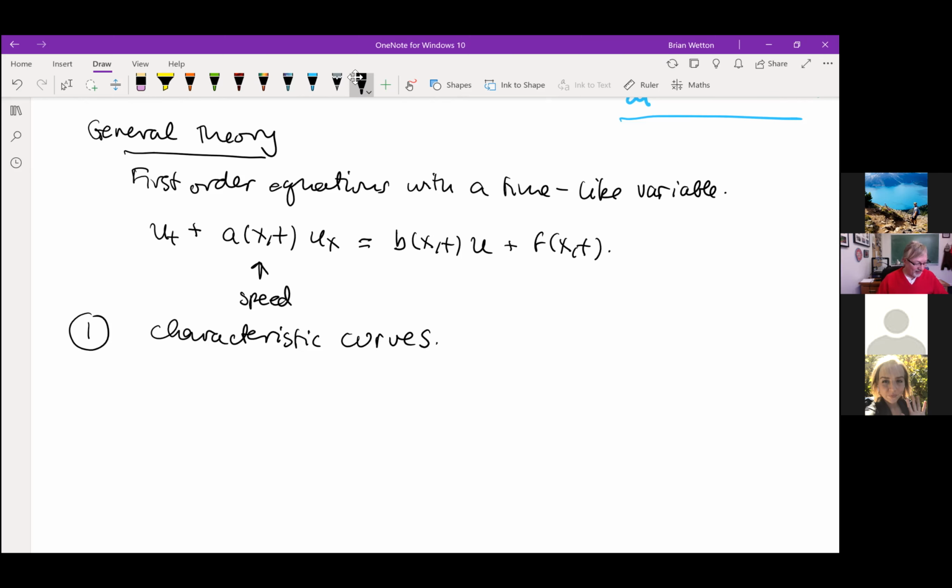We have a time-like variable, so we can look at curves that are x as a function of t. So this is going to be dx/dt = a(x(t), t), with initial conditions given.